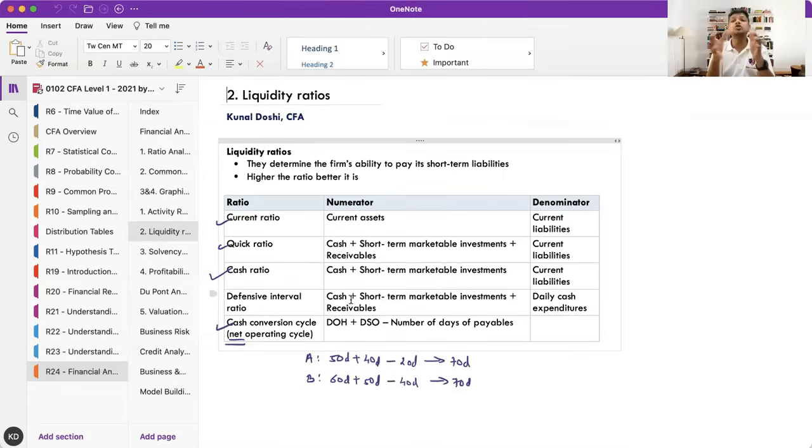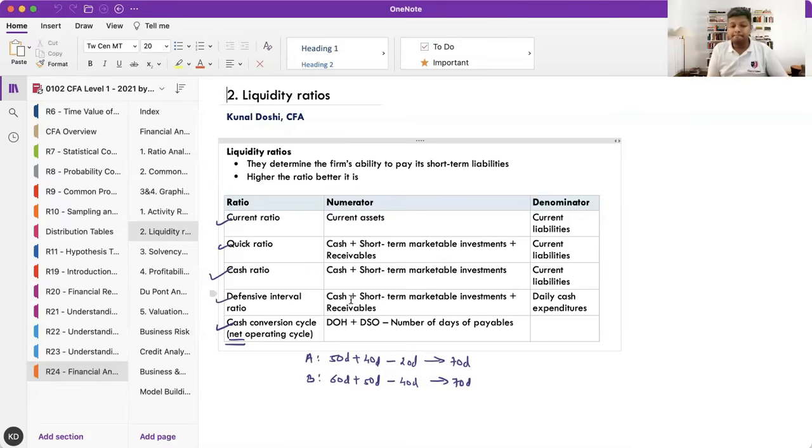So you are making the ratio strict. So from current ratio to quick ratio, it becomes strict. And from quick to cash ratio, it has become more strict because I've taken the most liquid asset, that is only cash. So when I take only cash and marketable securities, that's called a cash ratio. All the ratio, higher the ratio, better it is. Everyone with me? Yes.